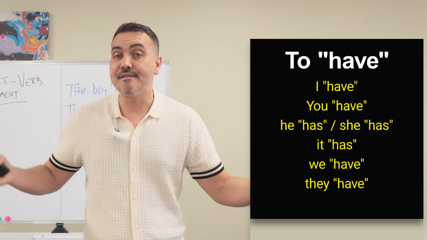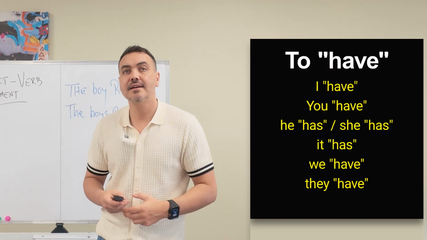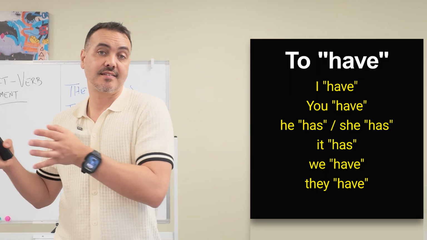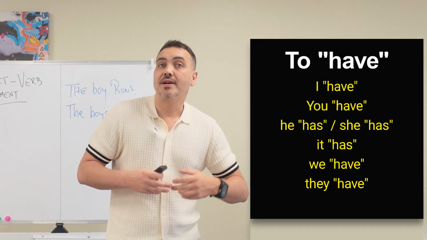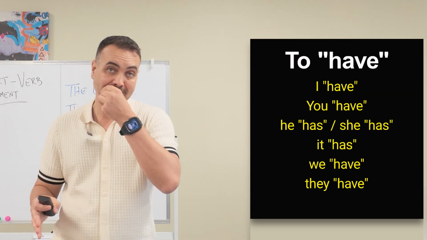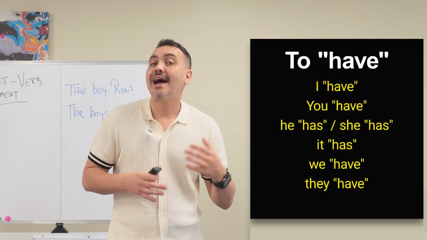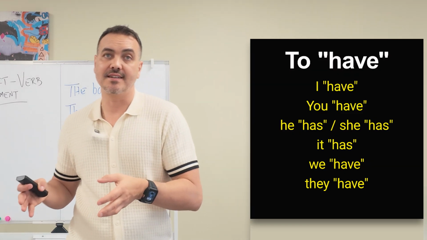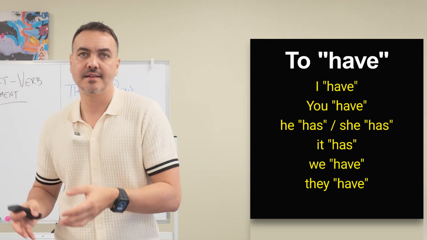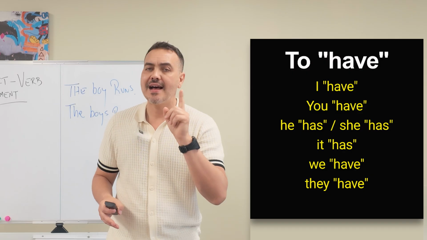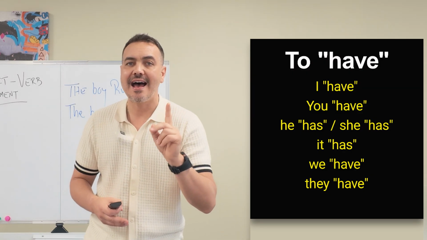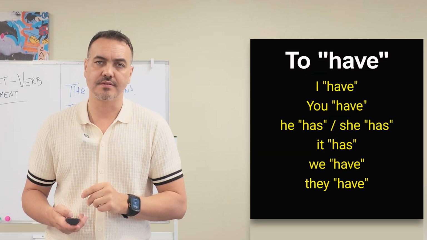They have homework. Okay? With nouns, we say the student has a question. But we say the students have questions. The company has a website. The companies, plural, have websites. One student has a question. Many students have questions, okay?